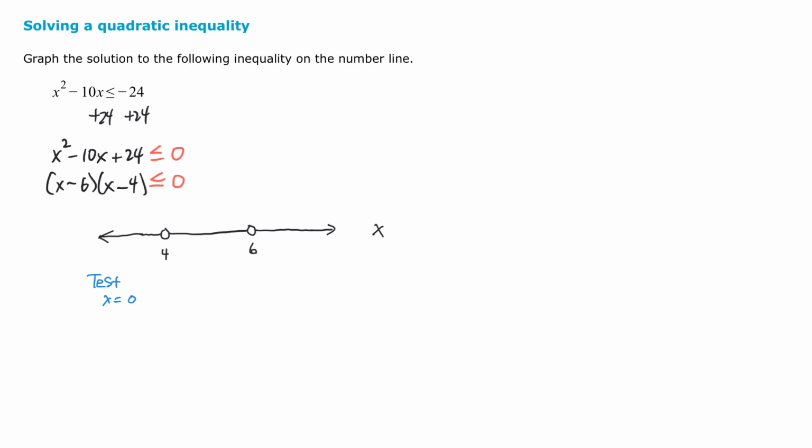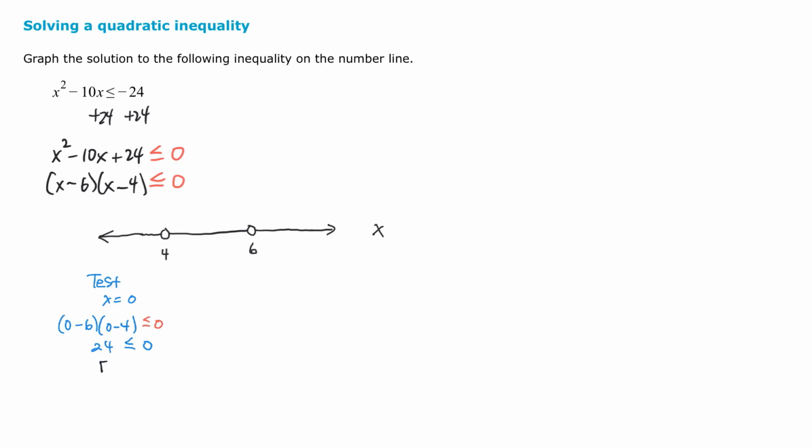We could test it at 0 minus 6, 0 minus 4. Is this, in fact, less than or equal to 0? And the answer is 24. Is 24 less than or equal to 0? And that is false. That is bogus.